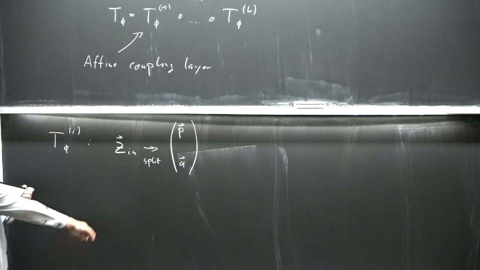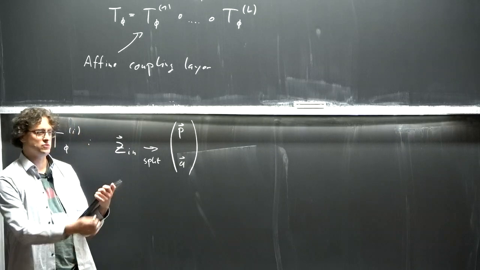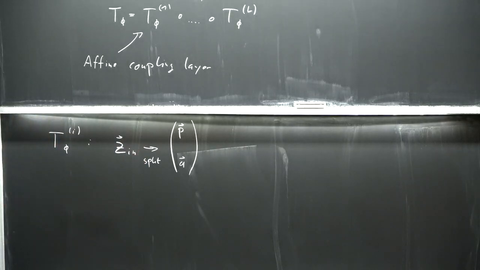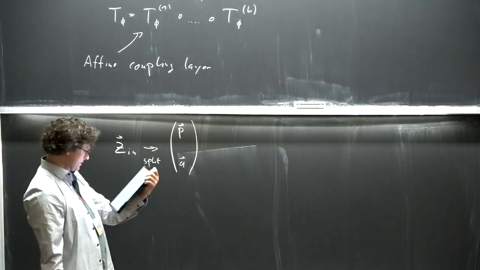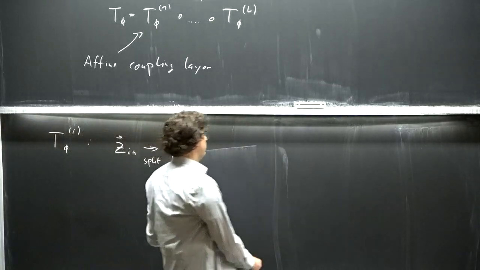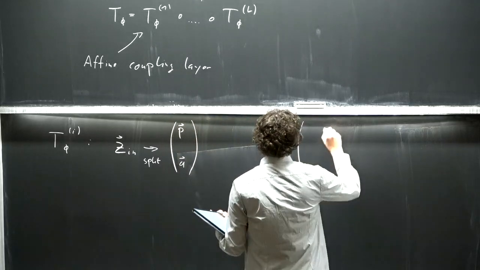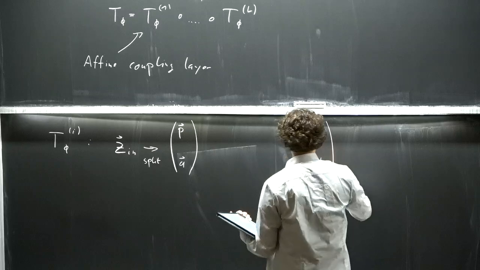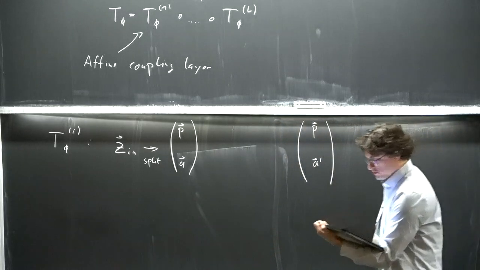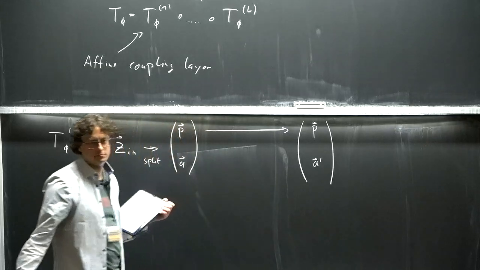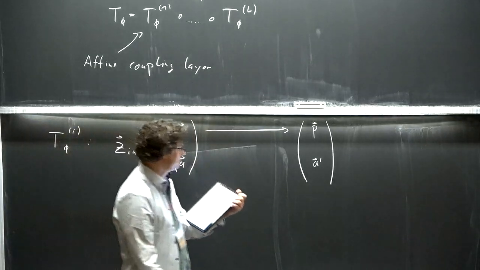How to do the splitting will be very context dependent. For instance, you could just take half the pixels of an image as active and the other half as passive, and then it could be the left side versus the right, or alternating pixels, or whatever you want. But the basic idea is we split the vector up, and then we want to map it onto some output. The trick is now to keep the passive part unchanged.